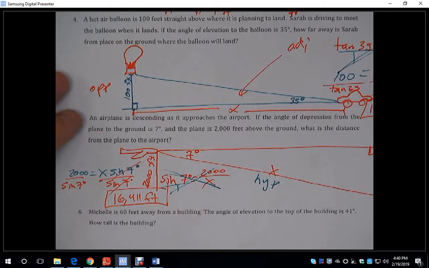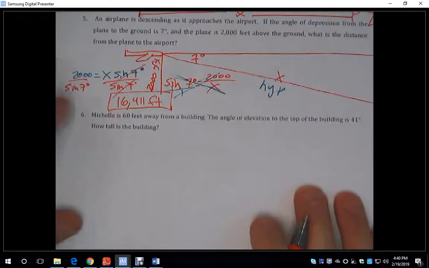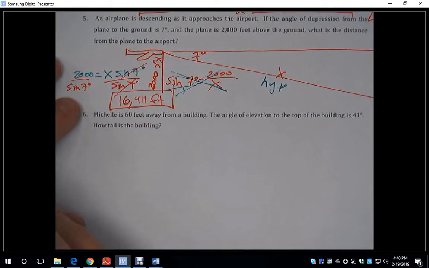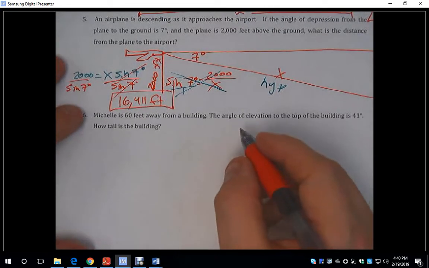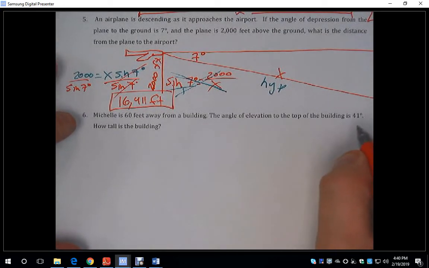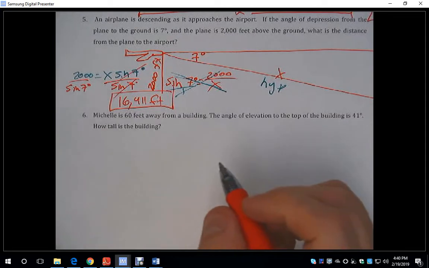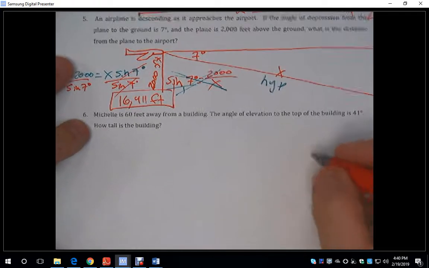Let's look at the next one. The last one says Michelle is 60 feet away from the building. The angle of elevation to the top of the building is 41 degrees, and then how tall is the building? So, well, here's our building here.